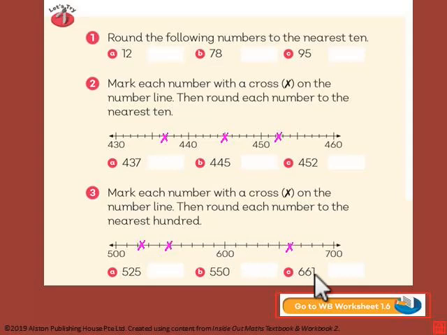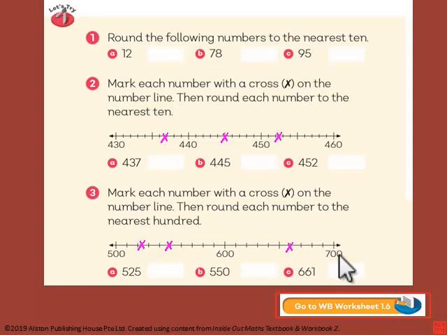And letter C, 661. This one is 600 and this one is 700. Which number is near to 661? Is it 600 or 700? What is the answer? 700, because 700 is near to 661.